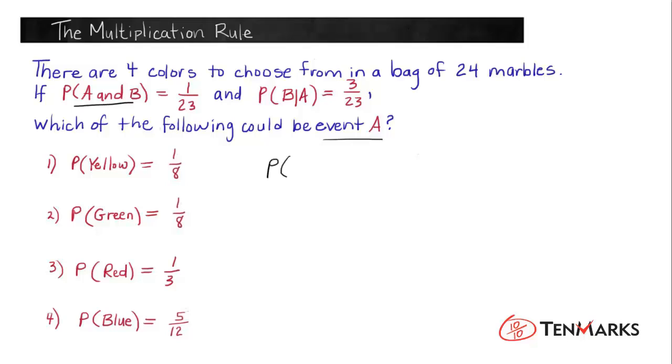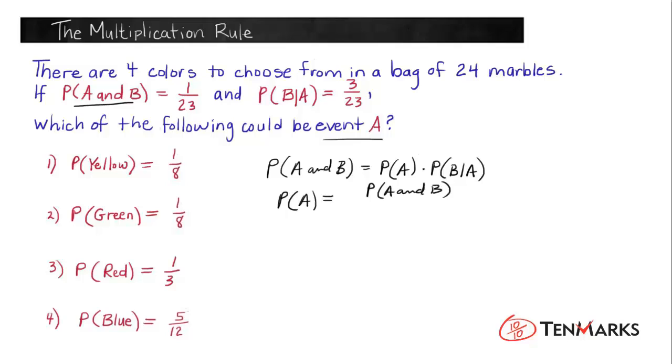We know that the probability of A and B equals the probability of A times the probability of B given A. With a little manipulation, we can isolate the probability of A to get the probability of A equals the probability of A and B happening divided by the probability of B given A. Now let's see which numbers we have.